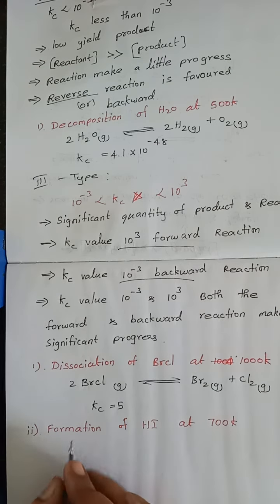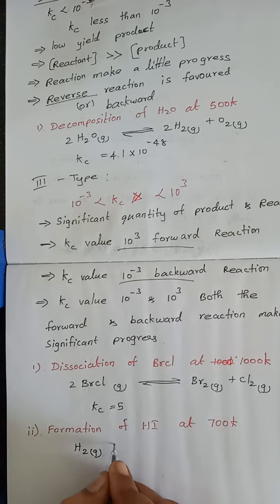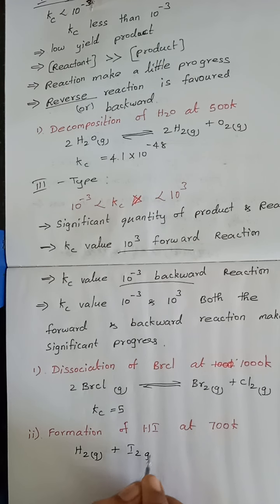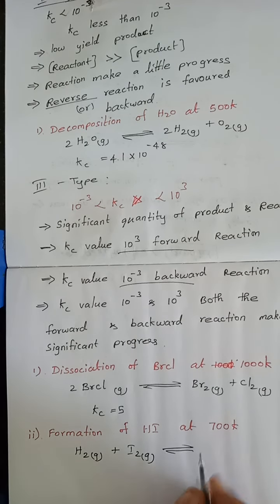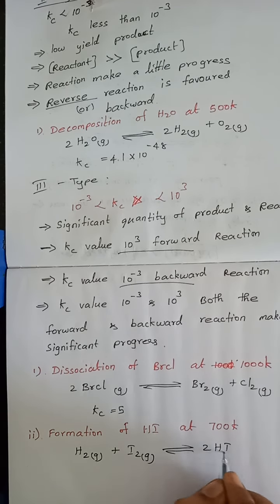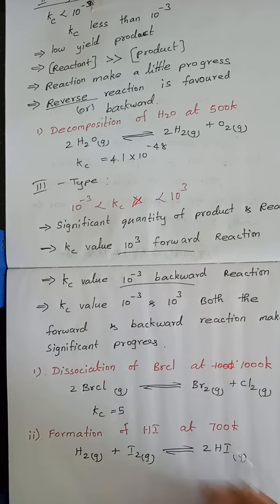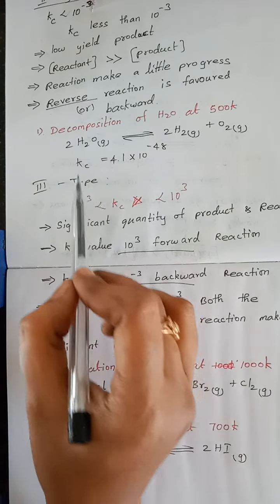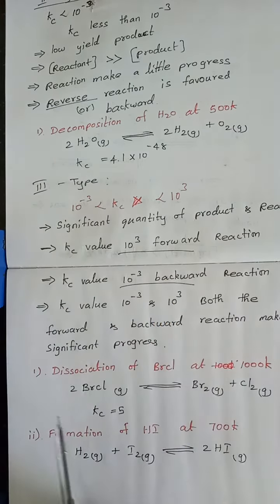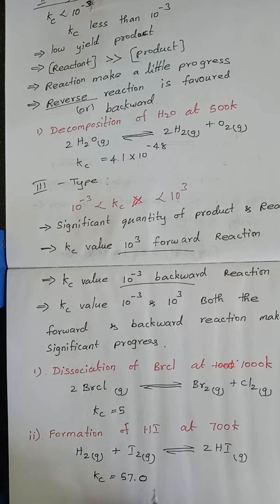This is the general reaction: hydrogen gas reacts with iodine gas to form 2 moles of hydrogen iodide gas. So all the reactions are homogeneous, gaseous state reactions. In this case, the Kc value is 57.0.